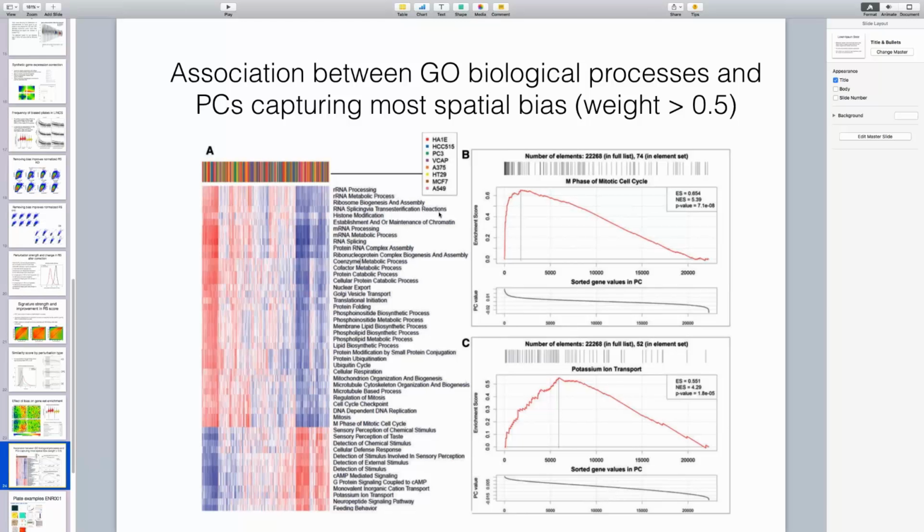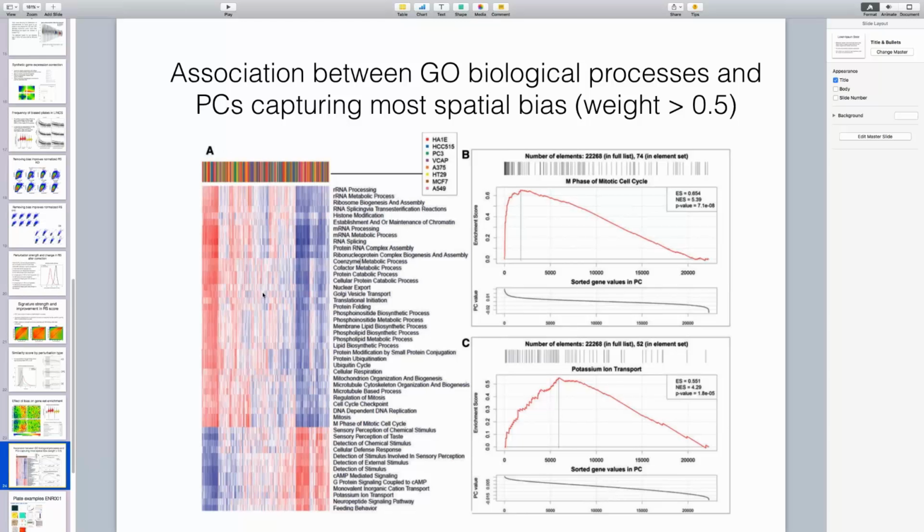In this plot, what we did is we extracted from the 1,890 plates all the principal components that we would remove by at least 50%. So they would have to have some significant bias in them. We ended up with about 2,500 principal components that showed significant bias, and they came from all 8 different cell lines.